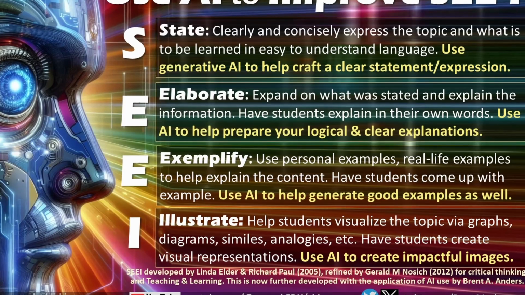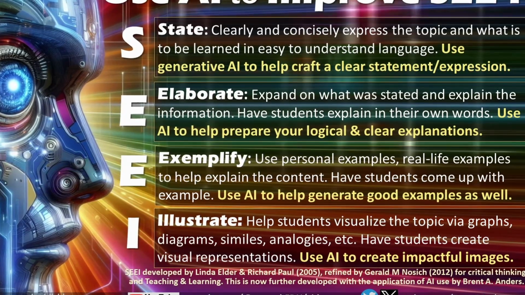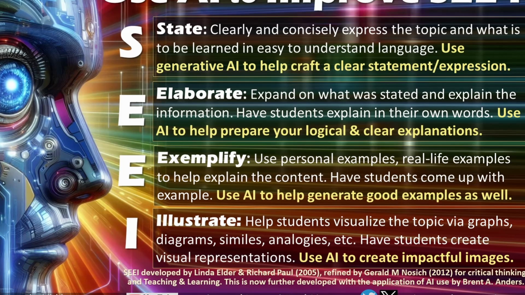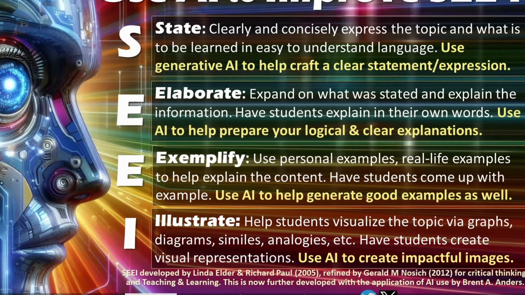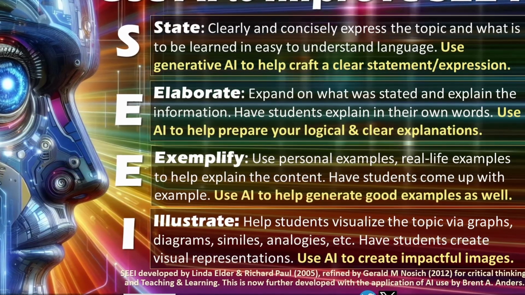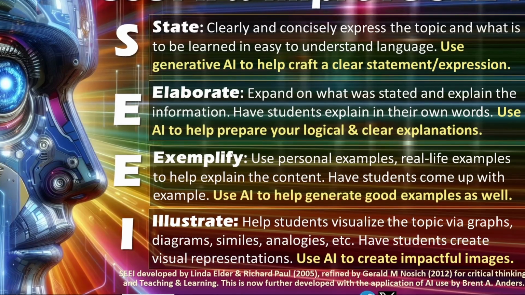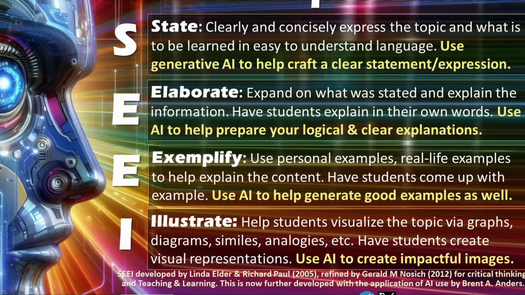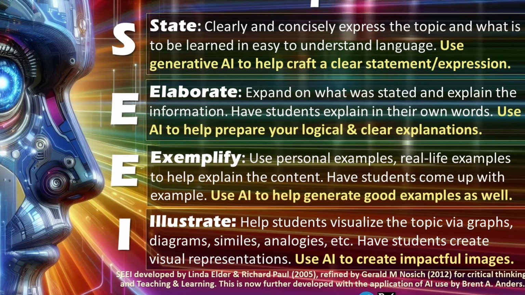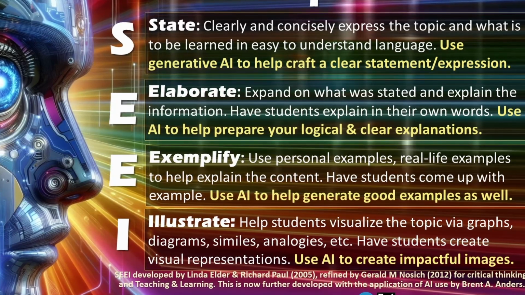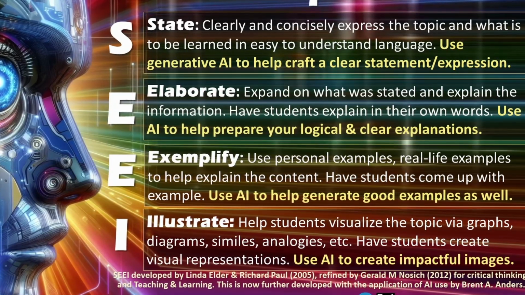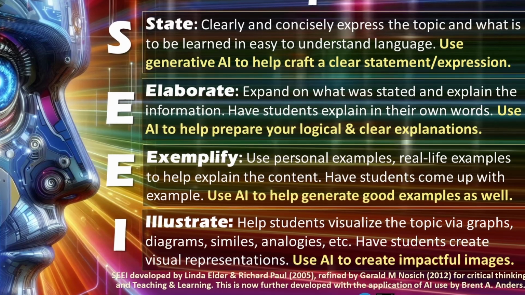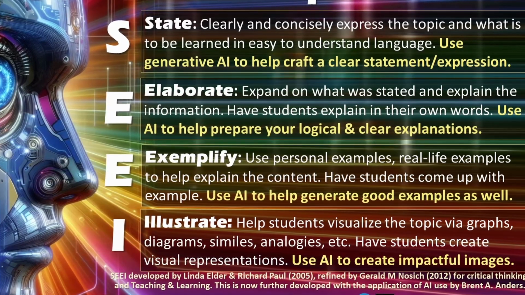And then exemplify. AI is really powerful there because it can create many different types of examples across a broad spectrum. So if you are an instructor and you have half of the football team in your class, or you have a volleyball team in your class, you could use the AI to create examples that would be specific for their sport, specific for the things that they're into.